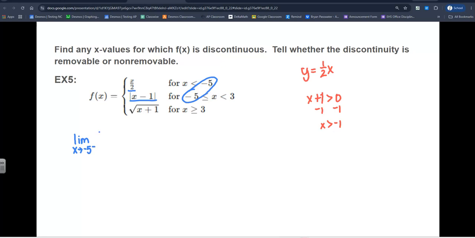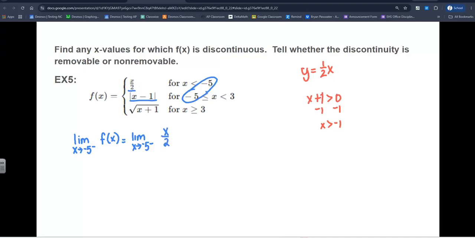We're going to put the negative behind it of f of x. And then from the left, I can live with it if you do not write this step, but I'm going to write it to be extra clear. From the left side, which equation are we using? Top, middle, or bottom? Top.